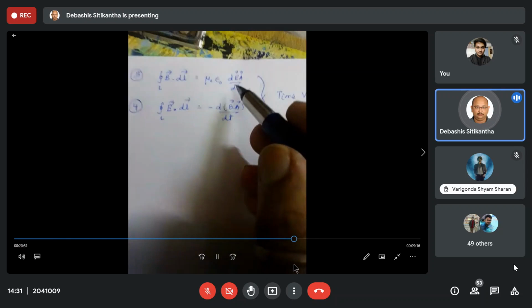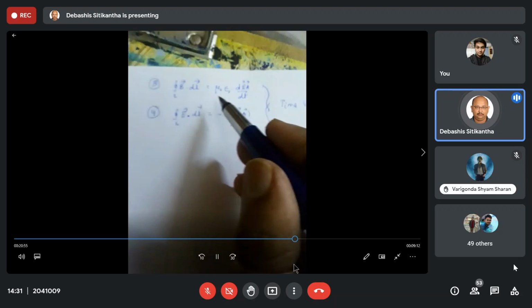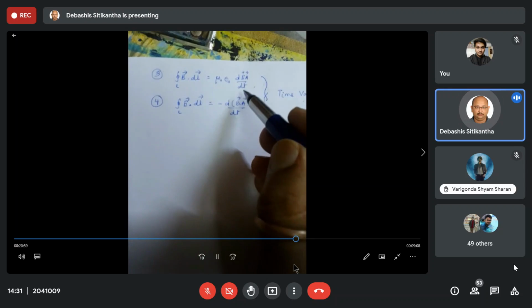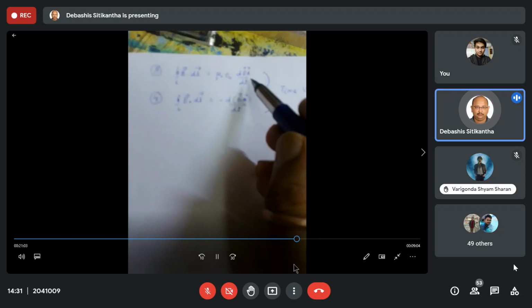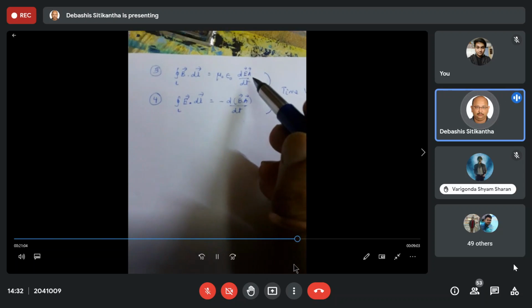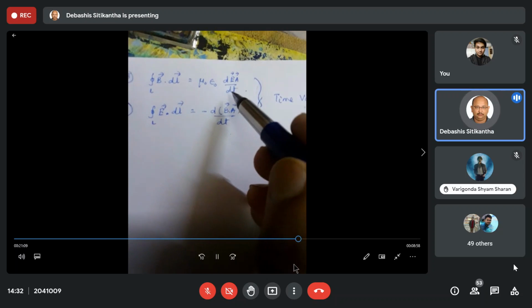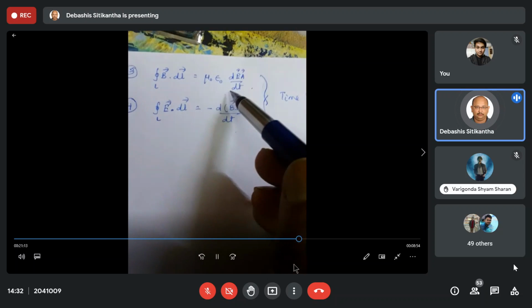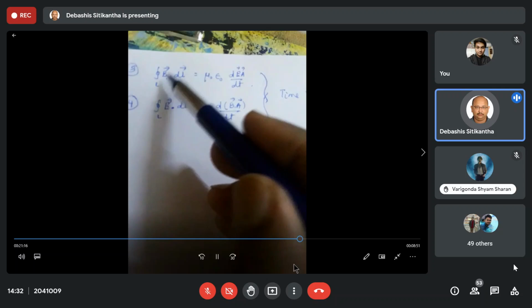So here we have the closed line integral of B vector dot dl vector equal to mu naught epsilon naught d phi E by dt, and phi E is nothing but EA. Here E is changing with respect to time. When an electric field is changing with respect to time, there is a magnetic field associated.